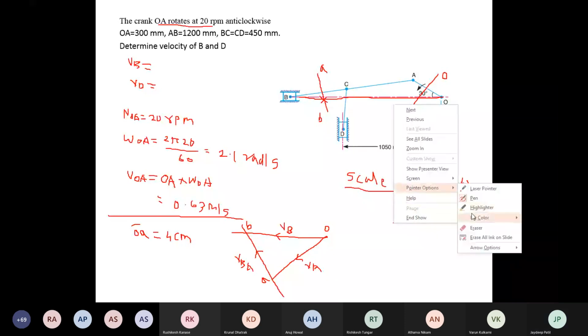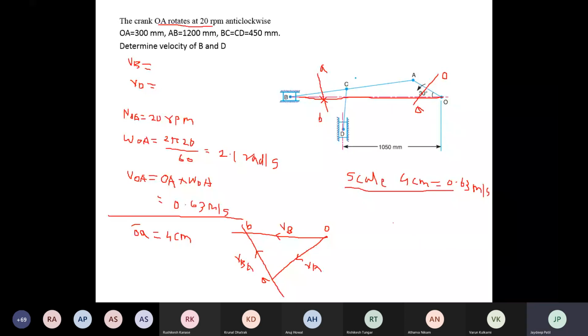Now next, you have to locate the point C. This is very important. You have to locate the point C on link AB, in the same way in the vector diagram, on the line vector AB, by using a ratio. Suppose capital AC upon capital AB is equal to small AC, which is vector AC, divided by vector AB.